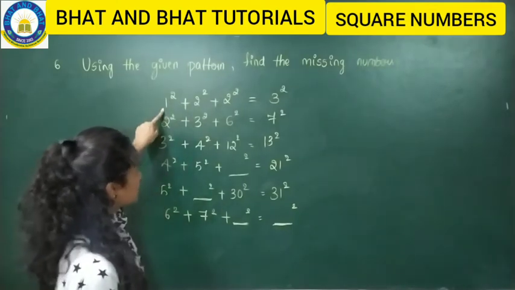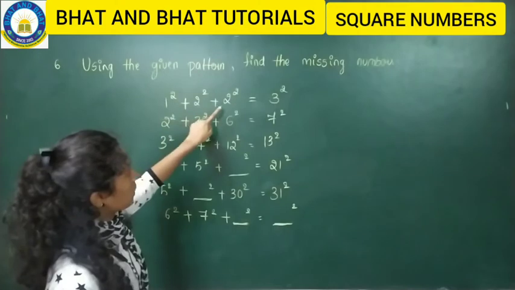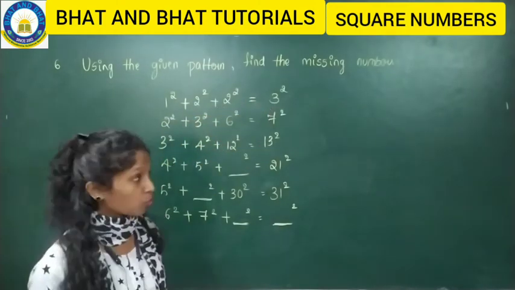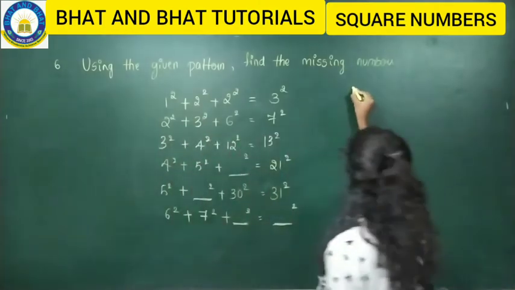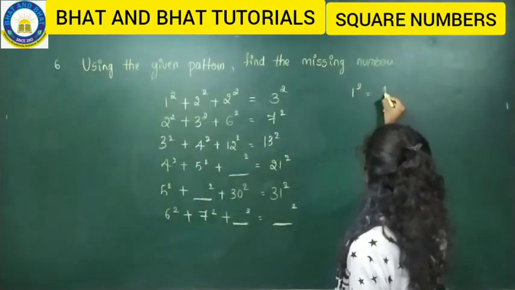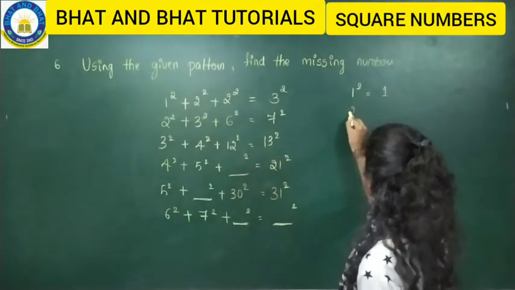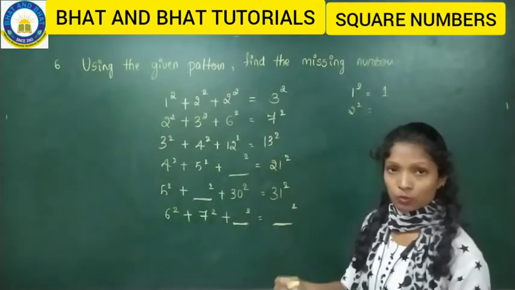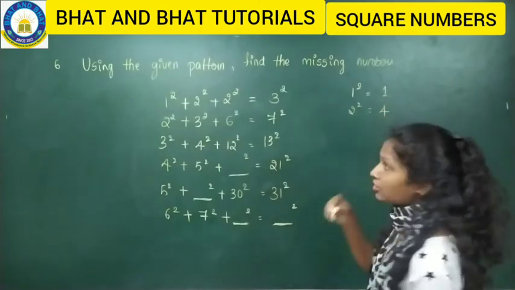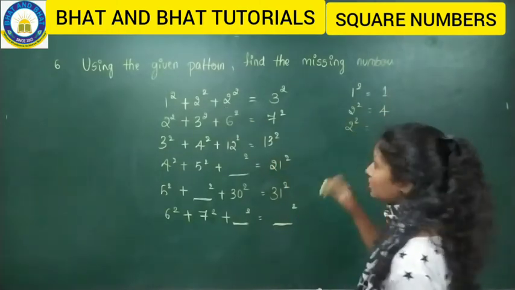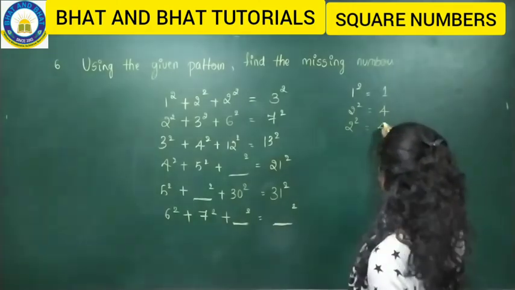See here, you have 1 square plus 2 square plus 2 square, which gives you 3 square. Before going to that, what is 1 square? That is 1. Next, what is 2 square? 2 2s are 4. Next, 2 square again, 2 2s are 4.